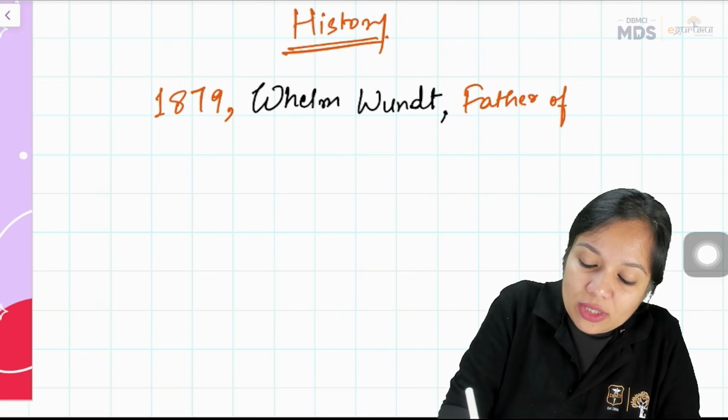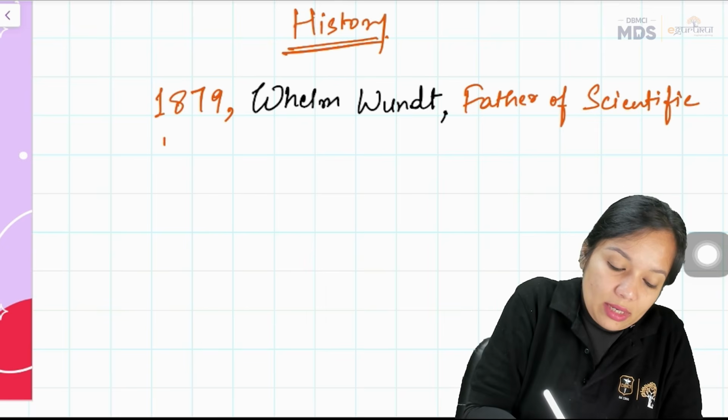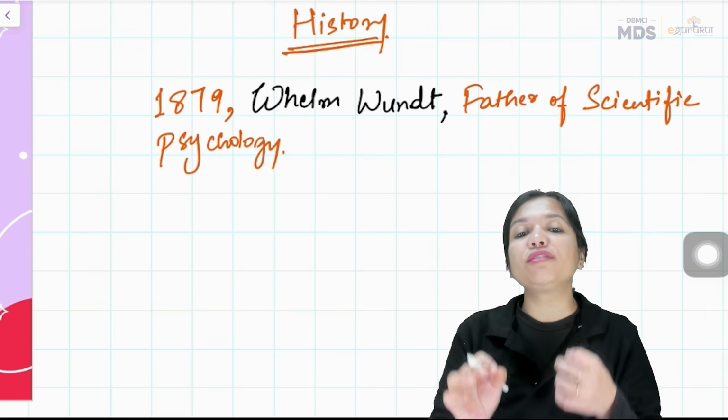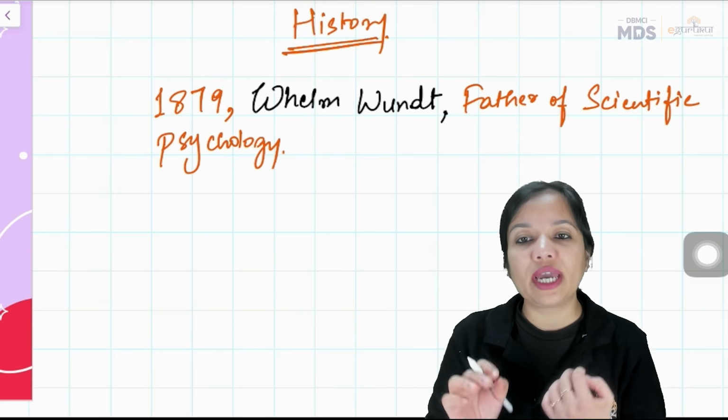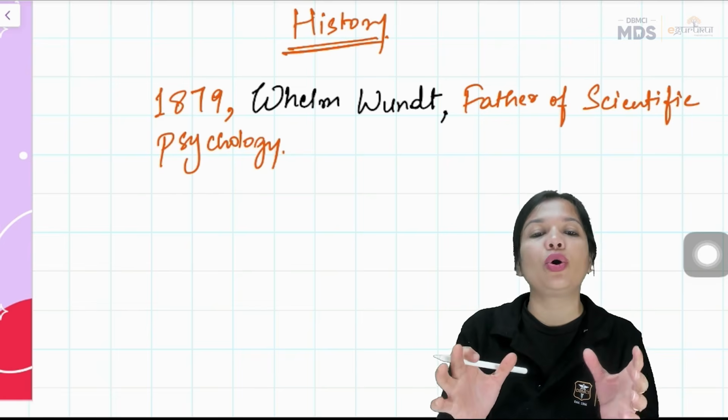So this fellow was called the father of scientific psychology. All right. And he opened the first laboratory of psychology, and from then onwards, psychology developed as an individual science altogether.